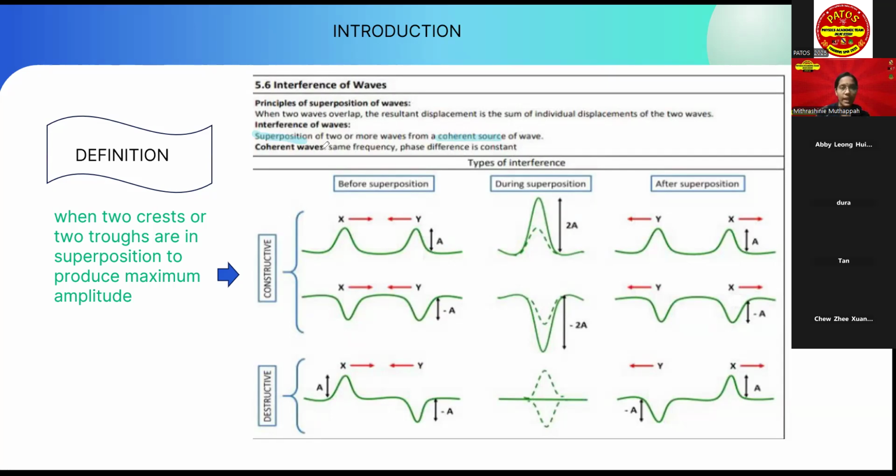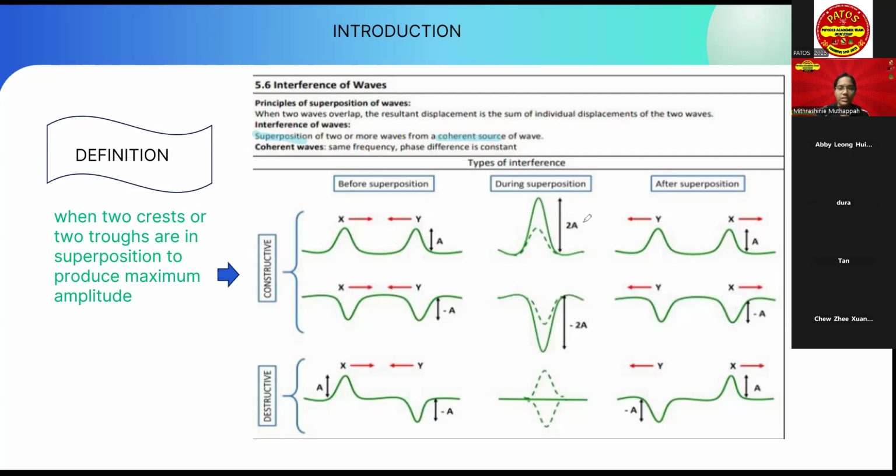So before that, let's look at the types of interference. There are two types of interference that we would have learned, which are constructive and destructive. So what is exactly constructive interference? It is when two crests or two troughs are in superposition to produce maximum amplitude. Crest is usually the upper part of a wave and the trough is the lower part of the wave. So when two crests or two troughs are in superposition, that means when these two waves coincide, they combine to form a maximum amplitude.